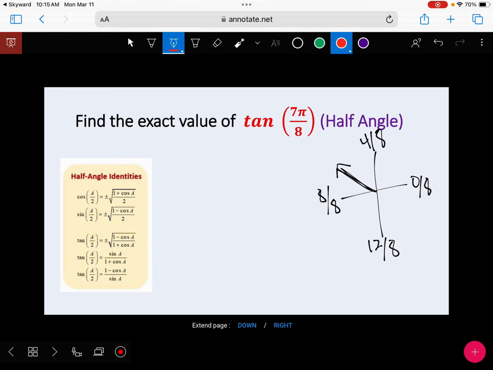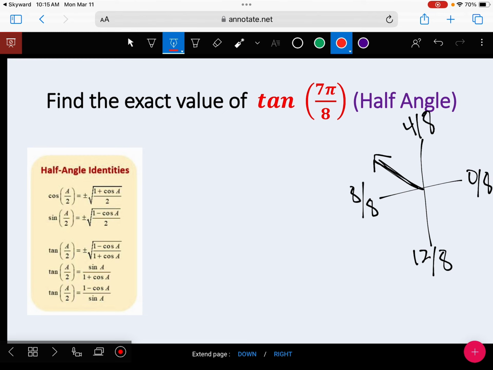So I'm going to write that down. Tangent is negative in quadrant 2. So if I were using this option, that would be relevant. However, in these 2 half angles, it doesn't matter, because the positive or negative option is going to take care of itself within the question.